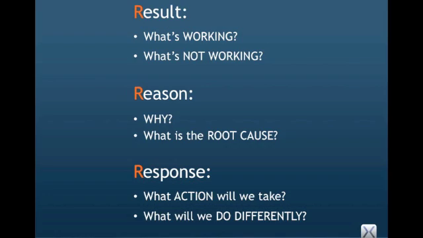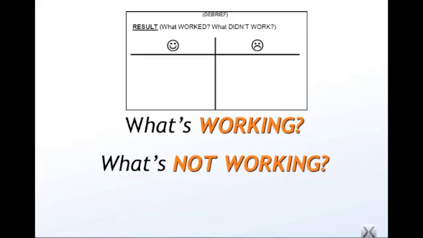I'm going to walk you through how we would do this in a workshop, and it may help you to be able to do it with your team. It's very simple and straightforward, but we've found it to be very effective. If you can get a whiteboard or a chart and just draw a line down the middle, and on one side put a happy face and on the other side put a sad face, perhaps ask your team to personally just write down on a piece of paper before they start writing on the whiteboard the things they think are working, the things they think are not working.